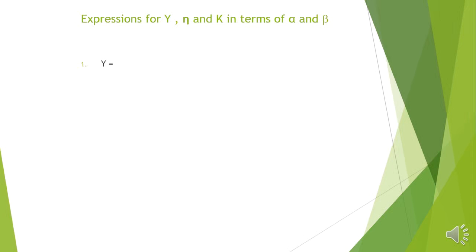So these are some of the equations we are going to derive later. For Y, k and n: Y is equal to 1 by alpha, k is equal to 1 divided by 3 into alpha minus 2 beta, n is equal to 1 by 2 into alpha plus beta. So we will derive these equations in the next lecture. Thank you.